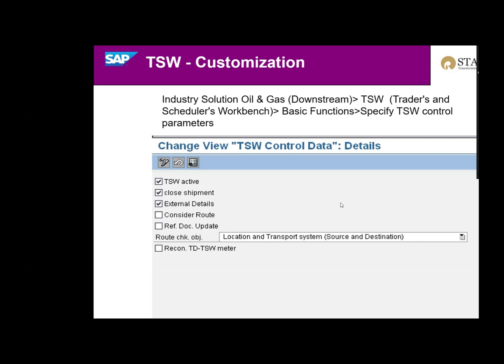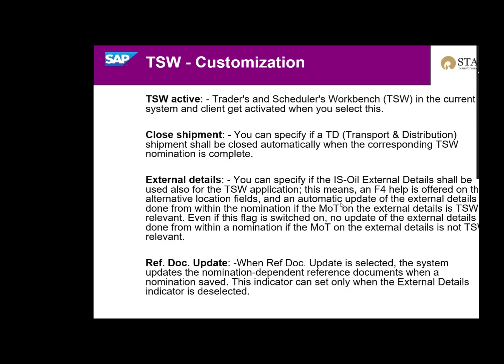Basic customizations required. See, these are all different explanations. TSW active means that TSW in the current system and client gets activated when you select this. If you don't select this, it will not be activated. You will not be able to do any of the functions of TSW, either nomination, master data, ticketing, nothing will work without this active button.